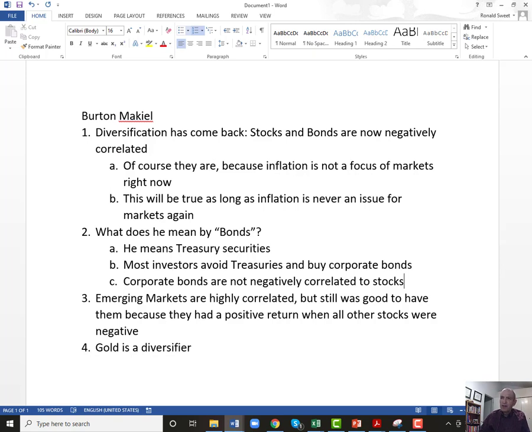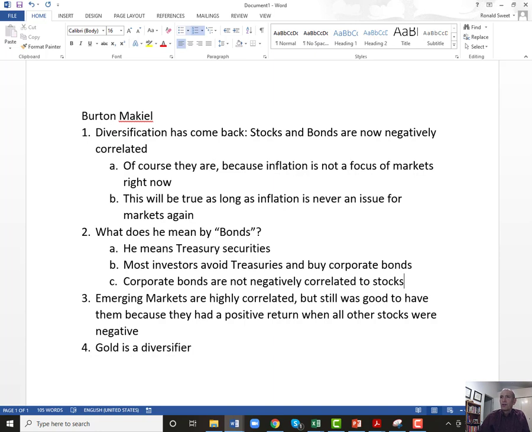So you've got to consider that he's using the bond, and I really think this is one of the biggest dishonesties in this profession, especially among financial planners. They like to use Treasuries when they're trying to show diversification, but then they put their clients in corporate bonds that tend to do very poorly.